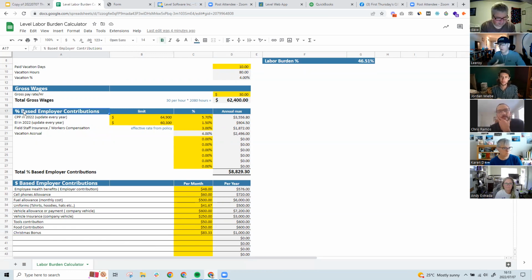So if you can't calculate it based on a percentage of their gross wages, then just add it as a dollar value here. Yeah, a percentage bonus would make things a little more exciting. So that might even be out of the realm of this and into another location. Yeah. But sometimes you want to set a cap on what you can pay them out on, right?